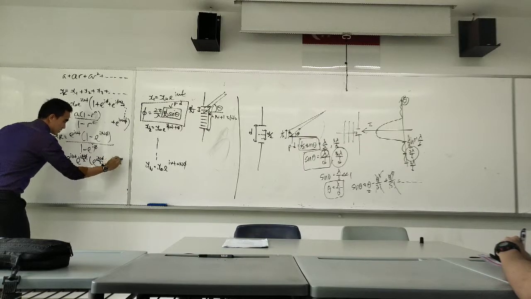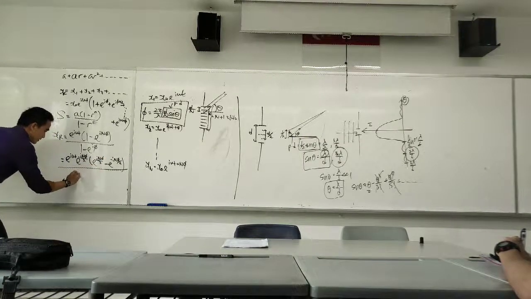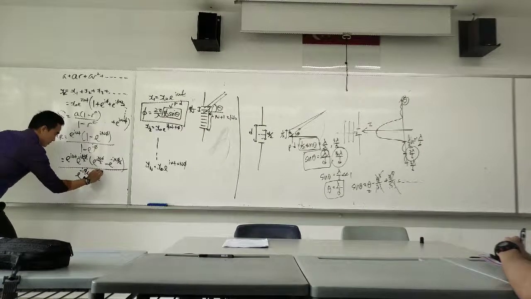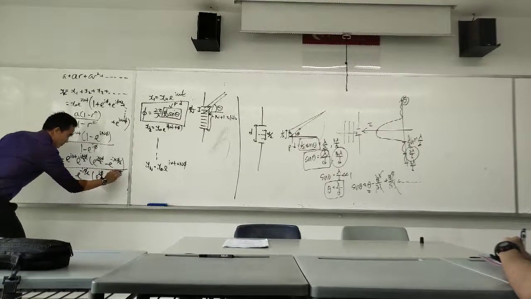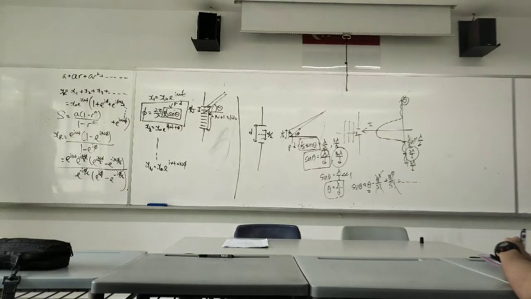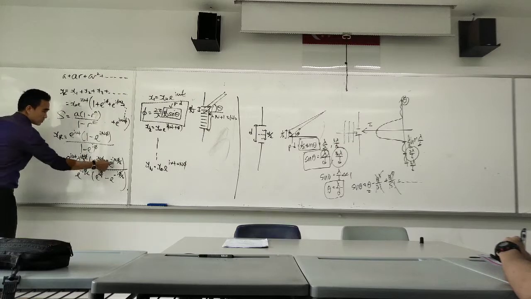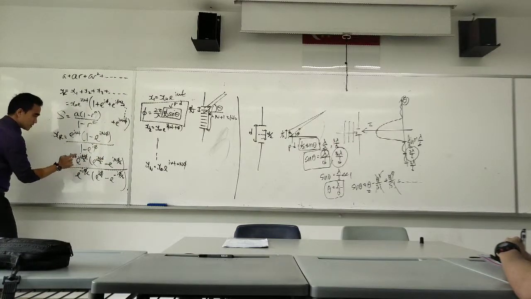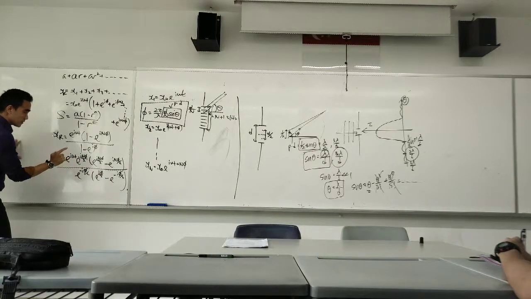I did this last time. Do you remember? I basically just, if you take this, multiply by this, you get this. If you take this, multiply by this, you get this.